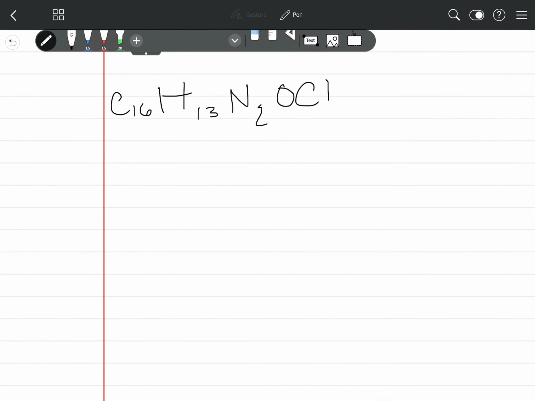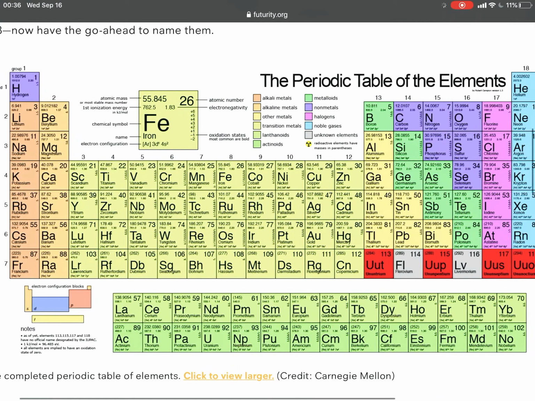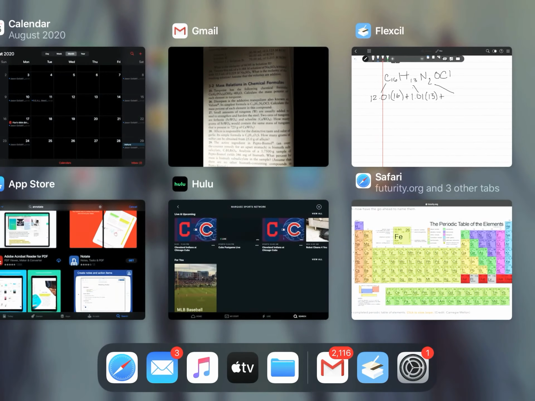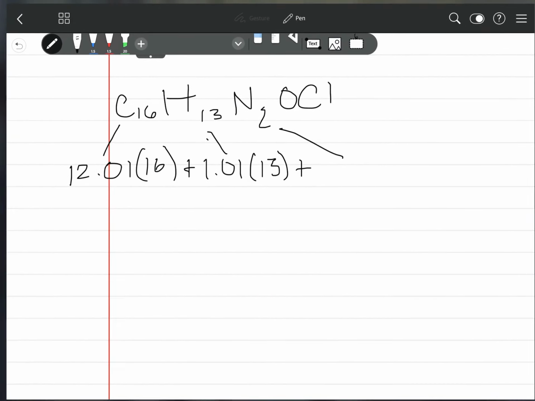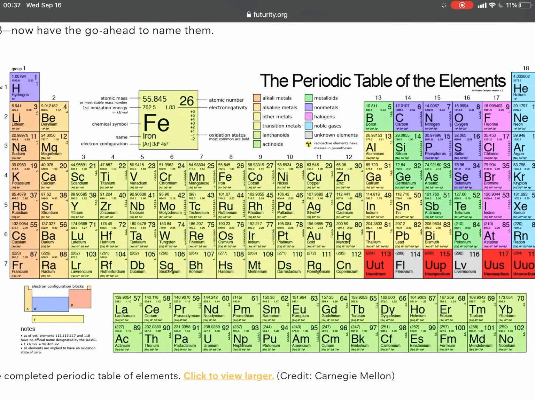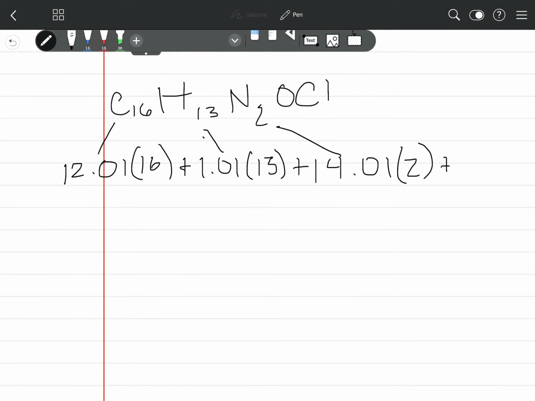You're always going to round to 2 digits after the decimal. So bring this down here: 12.01, and there's 16 of those, so times 16, plus H, which has a molar mass of 1.01, times 13, plus N2, N has a molar mass of 14.01, times 2, plus O, which has a molar mass of 16.00, and Cl has a molar mass of 35.45. There's one of each of these.